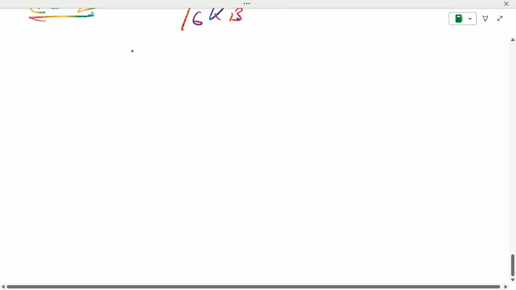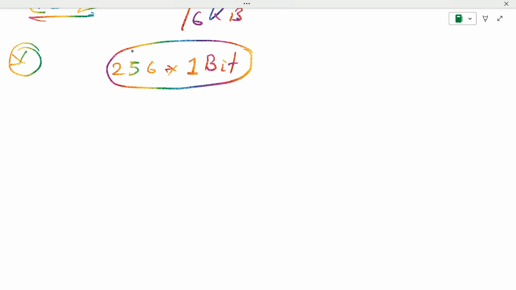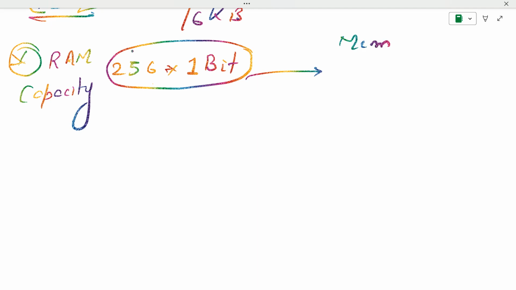Let's say we have a RAM chip of capacity 256 into 1 bit, and we require a memory of capacity, let's say, 32 MB.